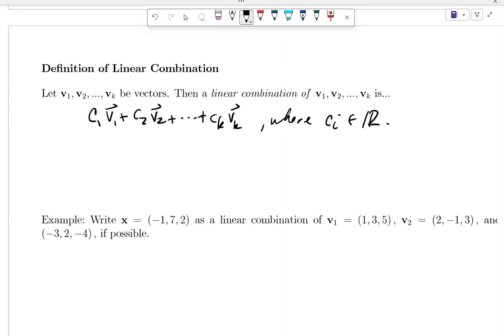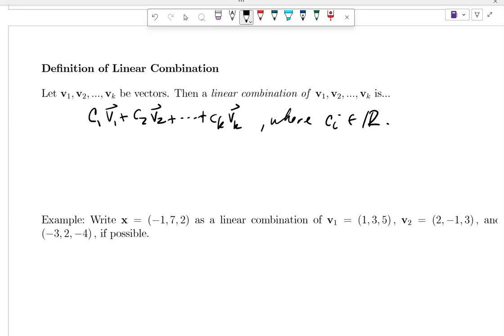Basically what a field is from an algebraic standpoint. So your complex numbers would satisfy that. Your rational numbers would satisfy that. But there's a bunch of other examples of fields. We're going to do what we refer to as real vector spaces, so our constants will come from the real numbers. Our scalars will come from the real numbers. But this is all we mean by a linear combination.